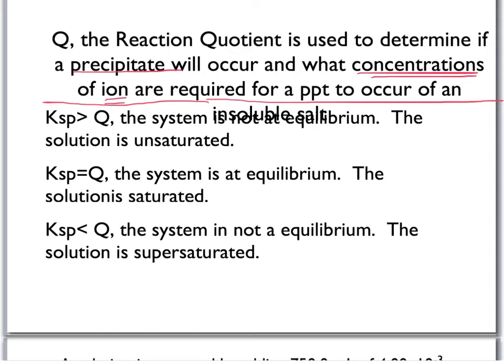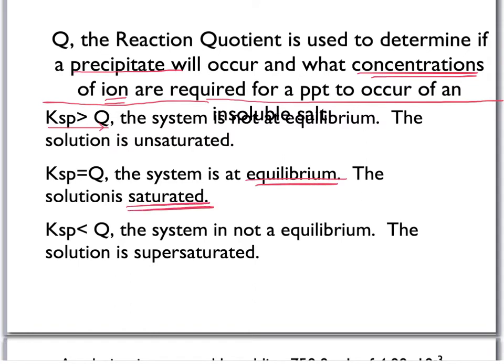So if the Ksp is greater than Q, then the system is not at equilibrium. The solution is unsaturated, so in order to get to equilibrium, we need the reaction to run to the right. If the Ksp equals Q, then the system is at equilibrium and the solution is saturated.